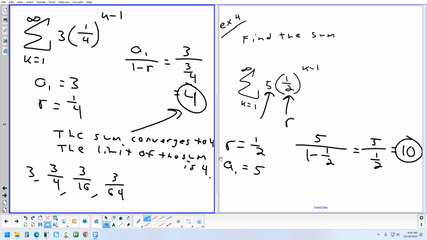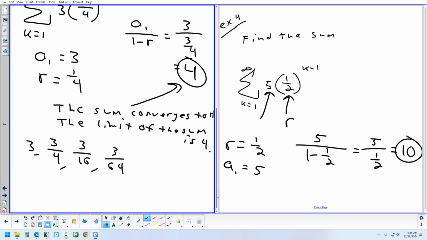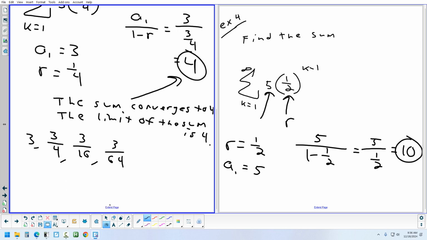All right, so on the test, you can get 2 different questions about this. What are the individual terms converging to? What is the sum of the terms converging to? Those are 2 different questions.